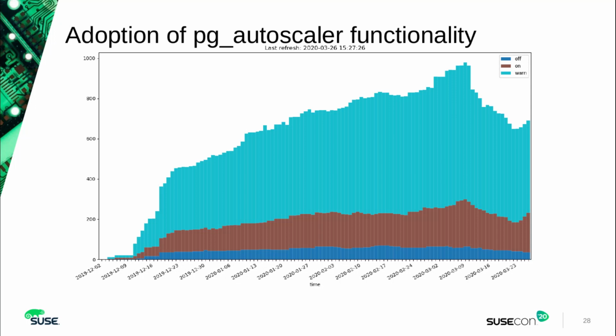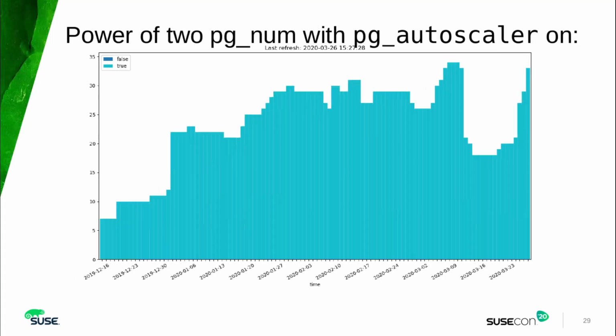At the same point in time, we can also see it being adopted. Some users have chosen to disable it. Most seem to be running it in warning mode at least, so they would get an automated notification that they should readdress that pgnum setting for a given pool, but some have also chosen to set it to on and automate this step entirely. Great news.